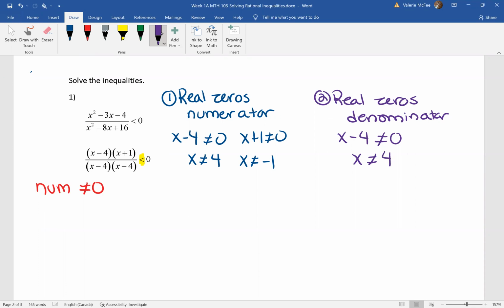So we have two critical numbers that we want to put on our number line. X cannot equal -1, so we're going to use an open circle. X cannot equal 4. We're going to use an open circle there as well. We've created 3 intervals.